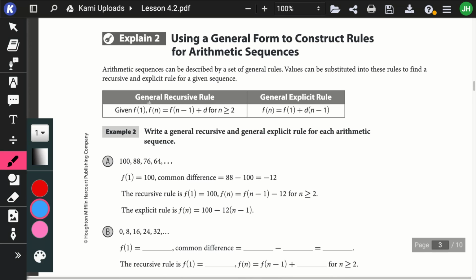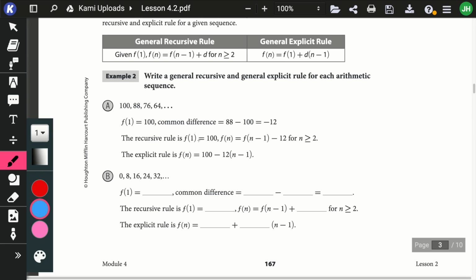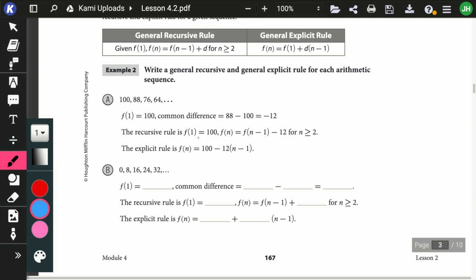Your general recursive rule, given f of 1, is f of n equals f of n minus 1 plus d for all n greater than or equal to 2, right? The general explicit rule is f of n equals f of 1 plus d, the difference, times the number n minus 1. Okay? So we're going to practice writing recursive and general explicit rules for each arithmetic sequence.